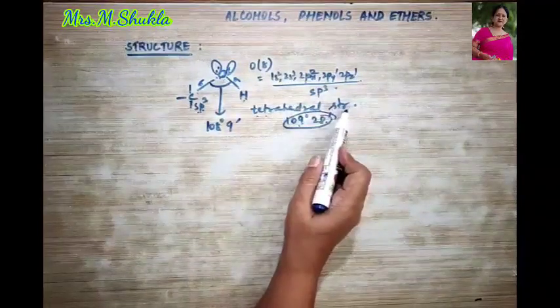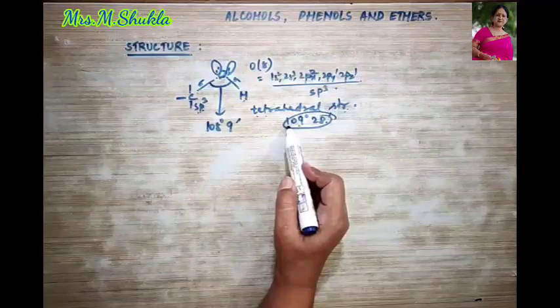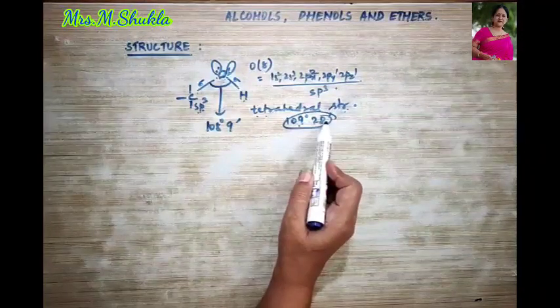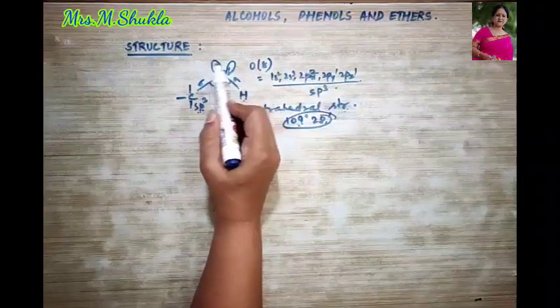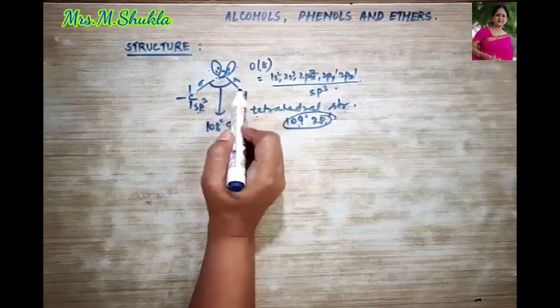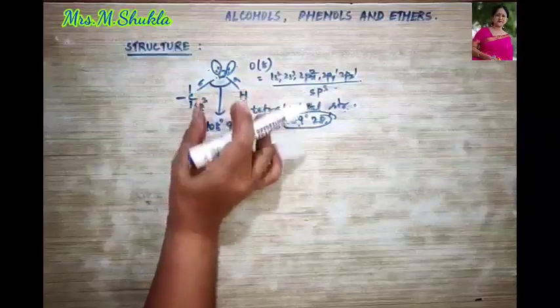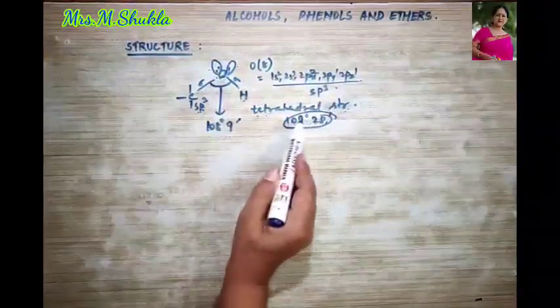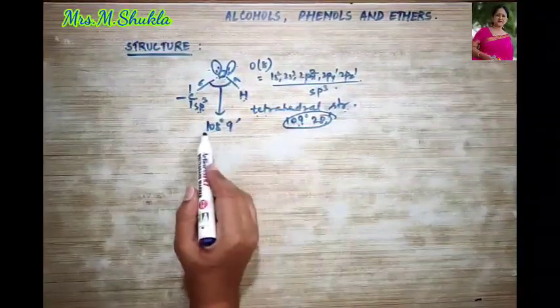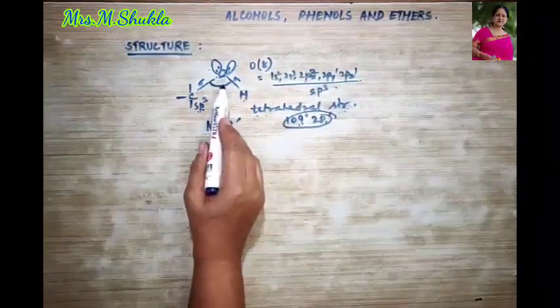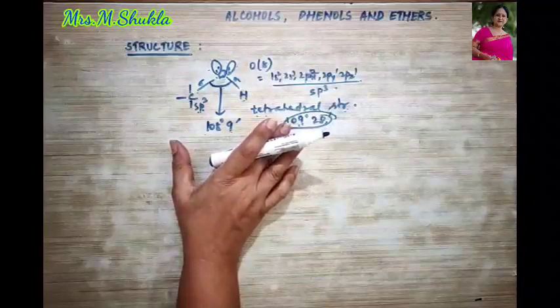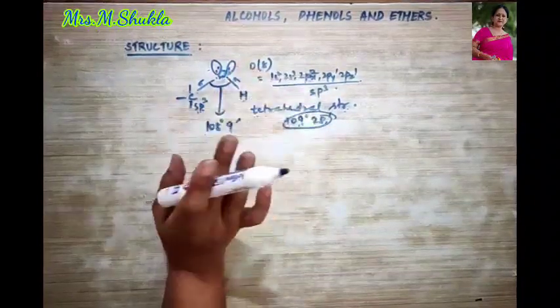If it shows a tetrahedral structure, what angle should it form? 109 degrees 28 minutes. But because of the lone pairs, there is repulsion, so there is a decrease in the angle. Instead of 109 degrees, it forms 108 degrees 9 minutes. Followed? So this was all about the structure of alcohols.